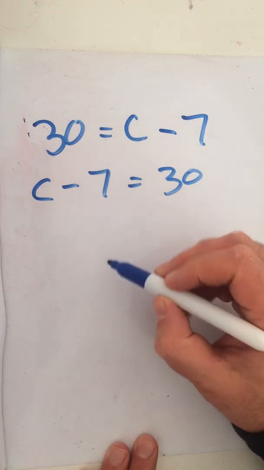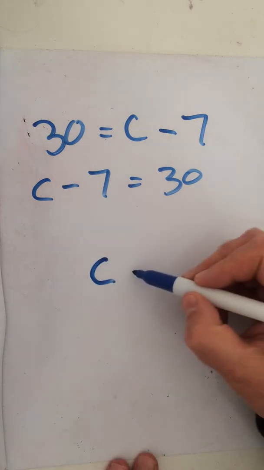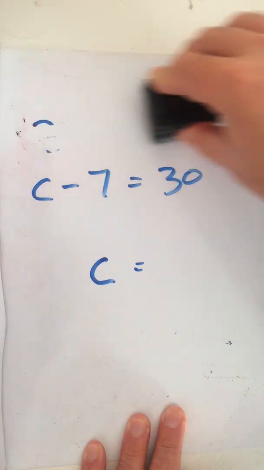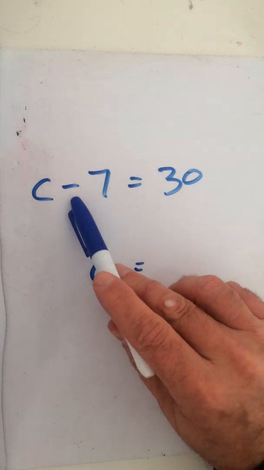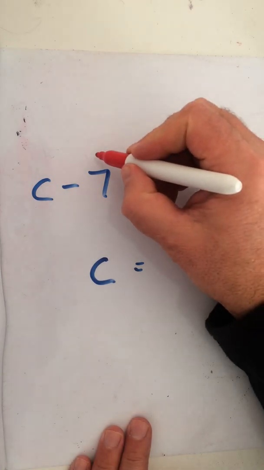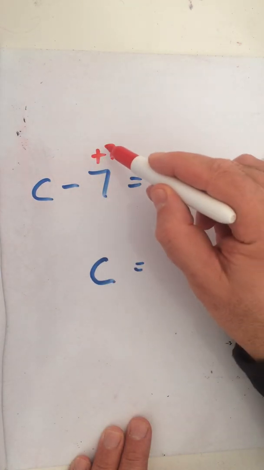Right, so again, we need to be left with C on this side of the equation. So that means I want to get rid of this minus 7. To get rid of that minus 7, I have to add 7 to it, because minus 7 plus 7 is 0.